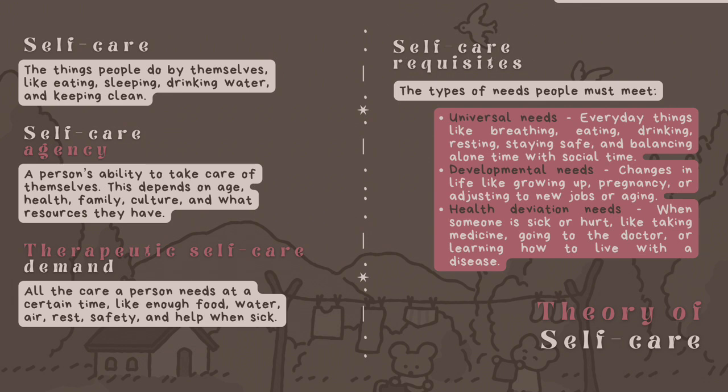Ibig sabihin, there is a reduction of self-care agency, kasi naaapektuhan yung pag-self-care nila sa sarili nila because of age, health, family, culture, and resources they have. Again, the reduction of self-care agency depends on age, health, family, culture, and what resources they have.